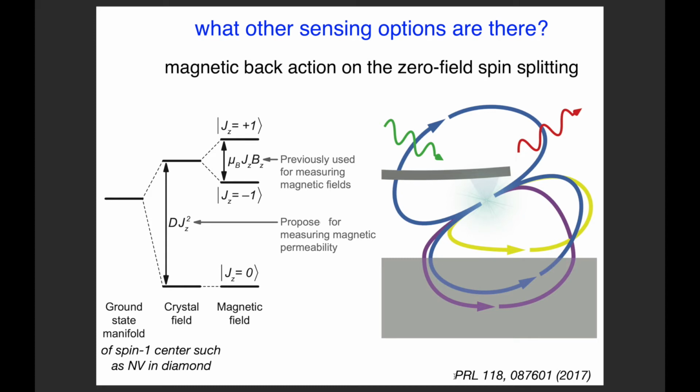So when you have a spin center close to the surface, it will produce dipolar fringe fields, which will go out into space and interact with whatever is around.